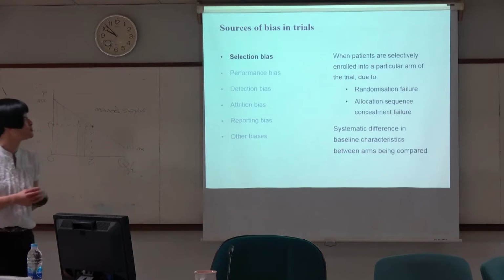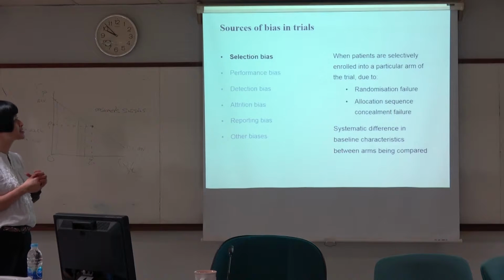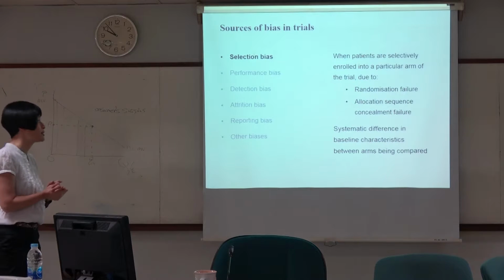Now, selection bias. Selection bias happens when patients are selectively enrolled into a particular arm of the trial. So if you selectively enroll more healthy patients in the treatment arm compared to the comparator arm, then you will have an exaggerated treatment effect. This is why randomization is important. Appropriate randomization would avoid this potential bias.